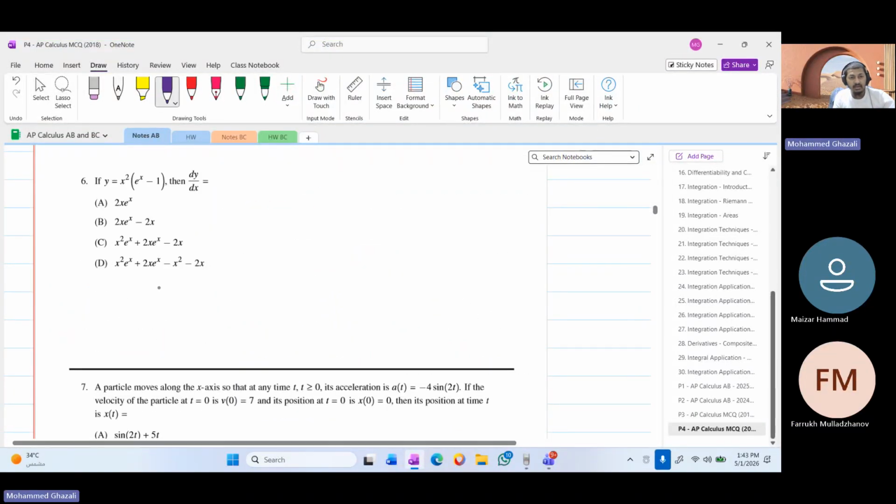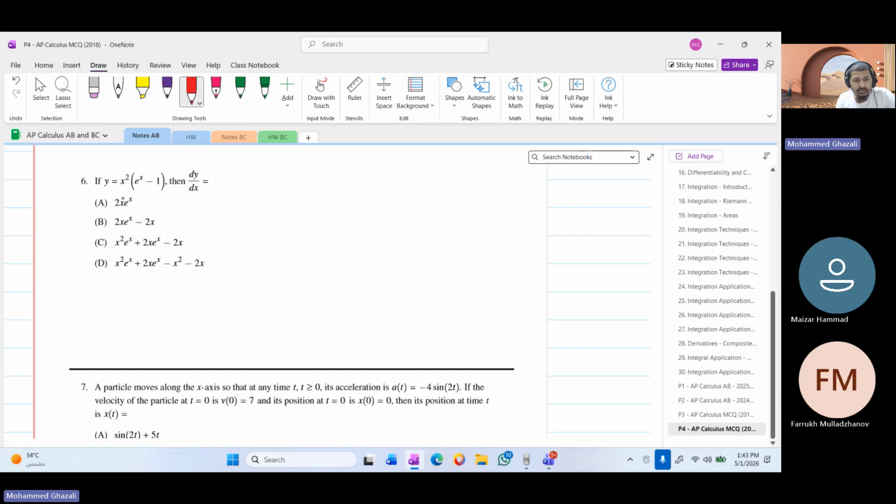Okay, I got you. Let's find the dy dx of this function. So what we're going to do is we're just going to differentiate this, right? But it's better to open it. Let's not open it up first. So let's just find the derivative. Derivative of, what's this, product rule? Derivative of x squared is 2x. Leave the second. Plus the derivative of the second bracket is just e to the power x, and then leave the 2x, okay?